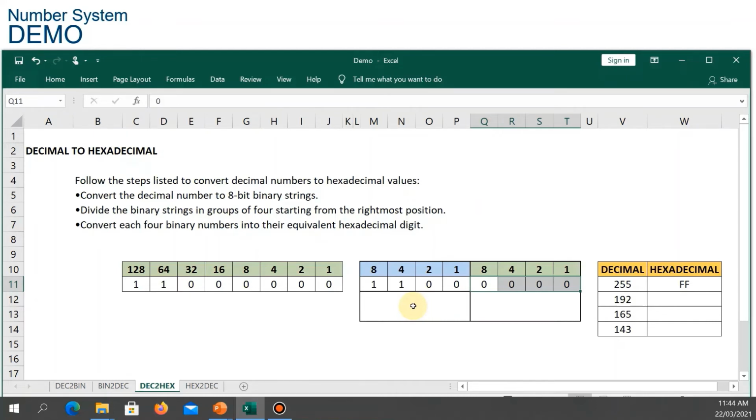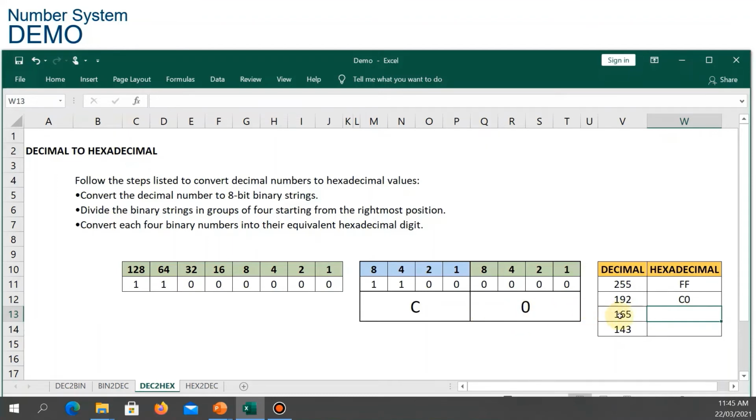Next is 0000, that's 0. Therefore 192 in decimal is equivalent to C0 in hexadecimal. Did you get it?